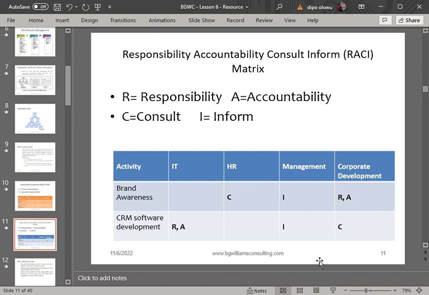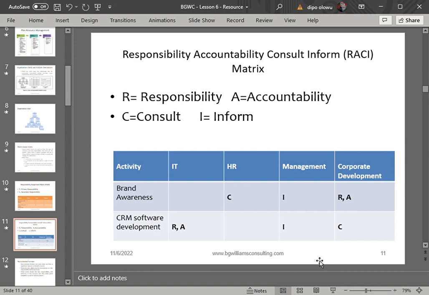Okay. So what that simply means is that from this table, the corporate development department is responsible for brand awareness. The corporate development department is going to sign off on brand awareness when it is done, and must consult with HR to get more data, more information that they can work with.